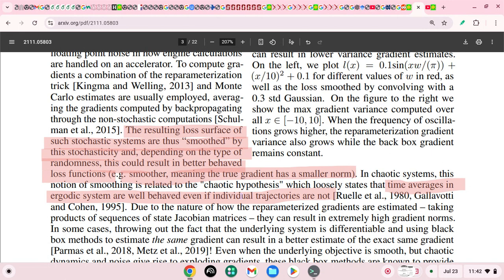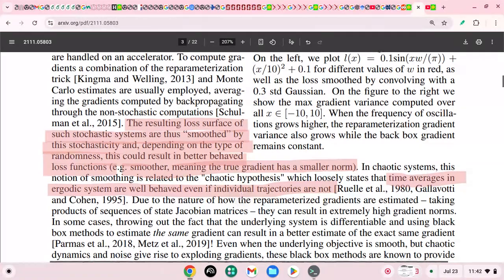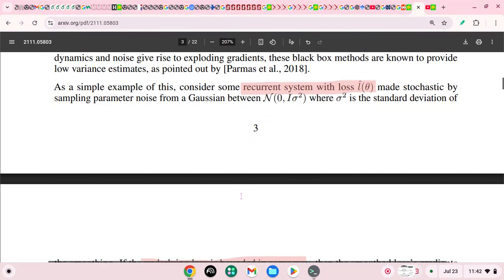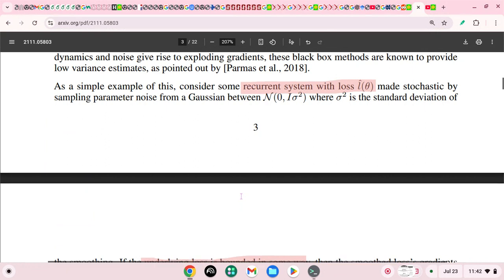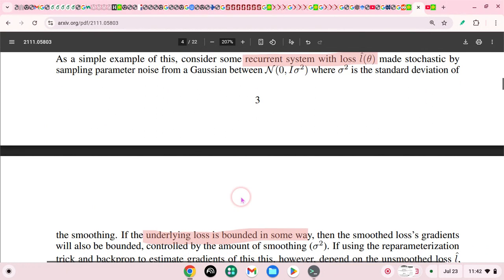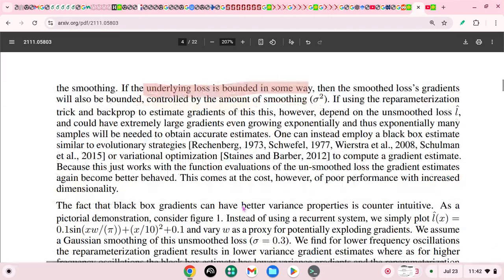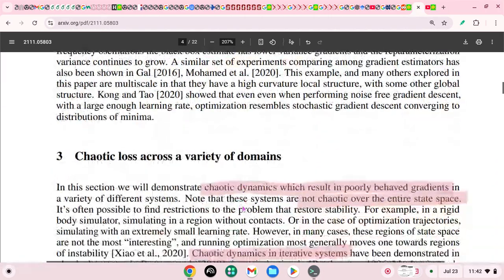This averaging technique makes the system well behaved, even though individual trajectories are not. Especially when applying it to recurrent neural networks with loss functions in deep learning, this kind of averaging helps keep the system from diverging far away.